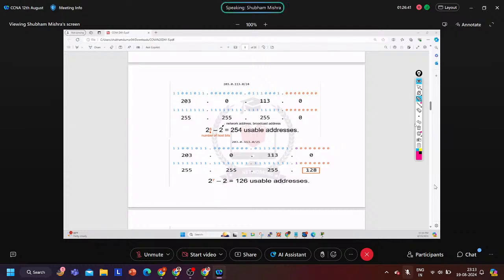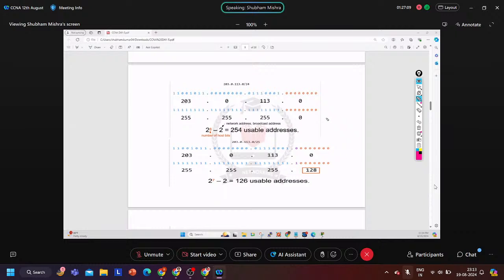See guys, this is our network ID. Right now I just convert it into binary. Do you know how we can convert to binary? If anyone doesn't know, I will explain it a little bit, but if you know, I'm not going to explain it.